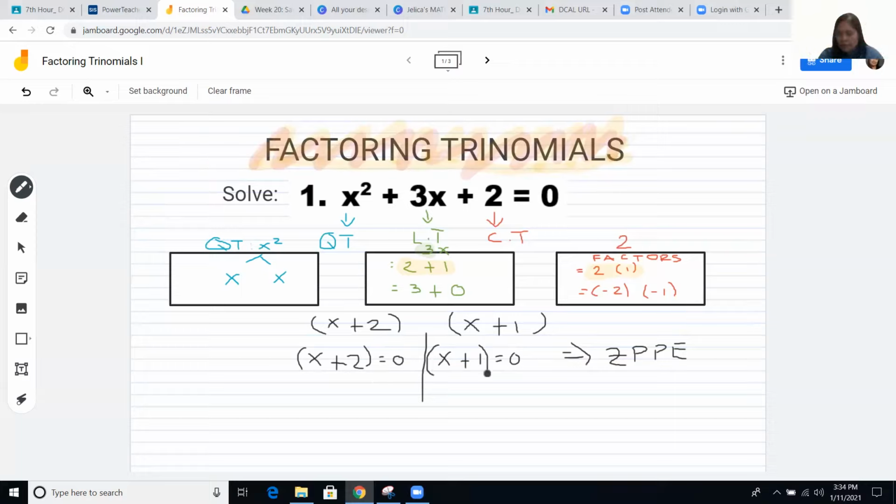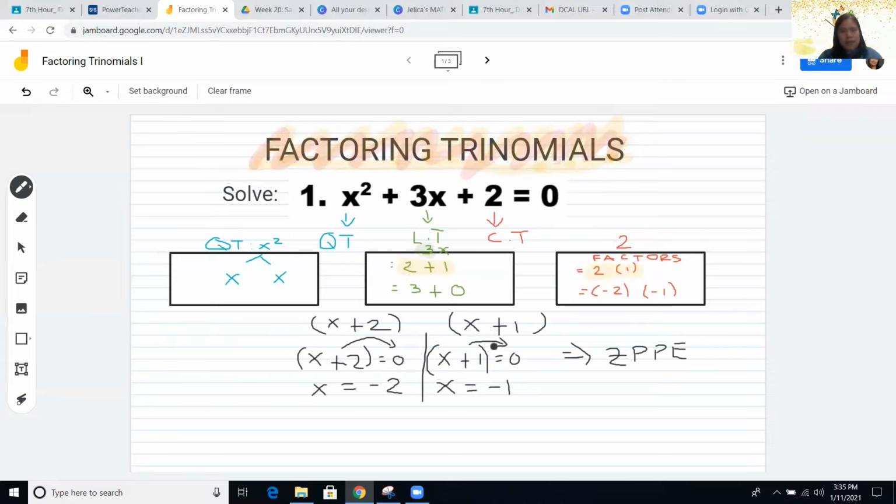Then, since we equated them to 0, we can now find the value of x by moving the constant to the other side. So it will cross the equal sign. The rule is when a number crosses the equal sign, we change its sign. So from positive, it will become negative in here. Likewise on the other side, it will become negative 1. From positive 1, because we're moving it to the other side, we change the sign.